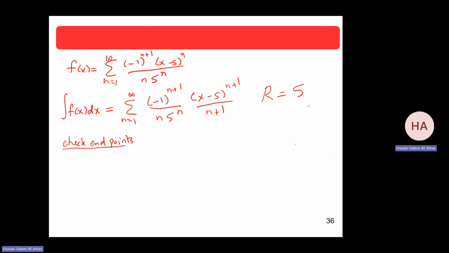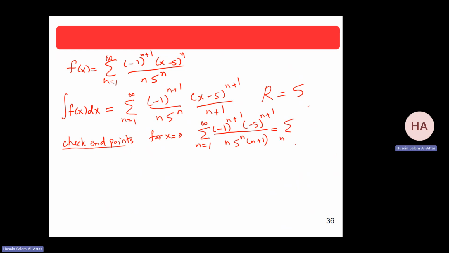Okay, so let me check the endpoints. Now for x equals 0. Let me see what will happen. I have the series, summation n equals 1 to infinity, minus 1 to the power n plus 1, minus 5 to the power n plus 1, over n times 5 to the power n times n plus 1.